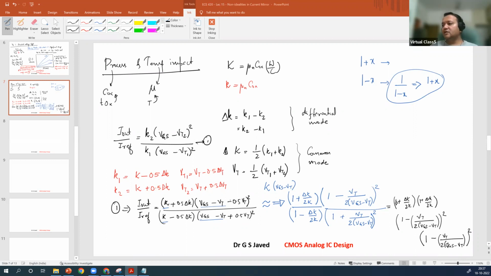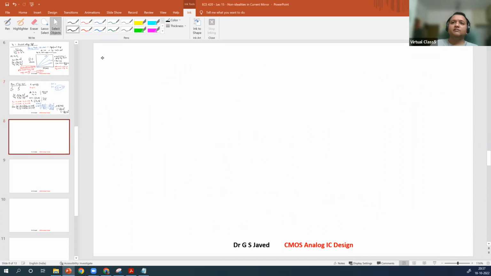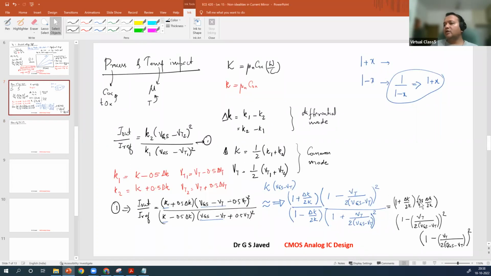If you multiply each of these with each other and retain only the first order, what will be the first order product? 1 into 1, 1. 1 times delta k by 2k. You will have again another delta k by 2k. Finally, delta k square by 4k square.